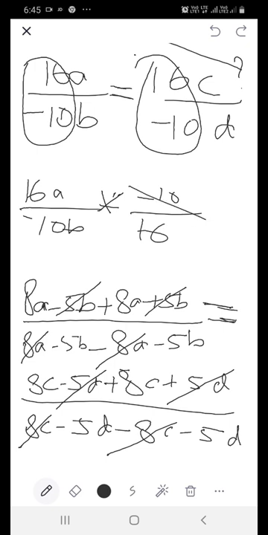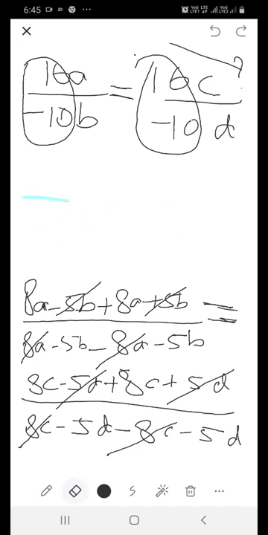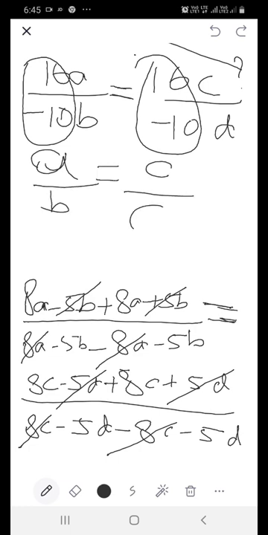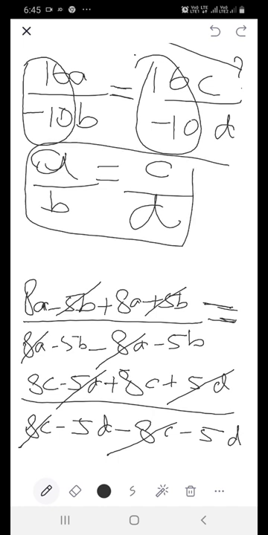This cancels out, 16 also cancels out. So you don't have to show this step. You only have to write on the side, divided by 16 upon minus 10 on both sides. So you will be left with a upon b on the left hand side and c upon d on the right hand side. Now this is what you have to prove. Prove that a upon b is equal to c upon d. This is how I have done the proving.